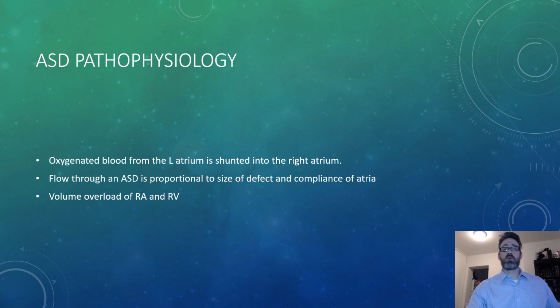All right, because the more compliant the atria, the more volume it can hold on to, and the less pressure there is to drive blood across that septal defect. And a smaller opening isn't going to let much flow through there because it's higher resistance. So it all depends. So you can have gradations of severity, and of course you can, in certain circumstances, volume overload the right atrium and the right ventricle, as I mentioned on the previous slide.